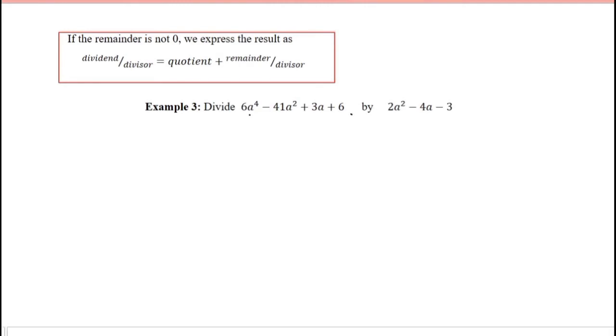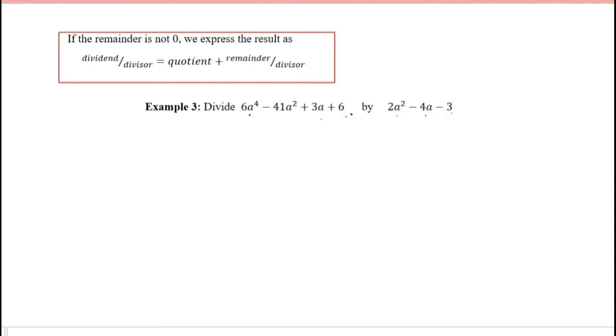If the remainder is not 0, we express the result as dividend over the divisor is equal to quotient plus the remainder over the divisor. So, for this, we divide 6a to the 4th minus 41a squared plus 3a plus 6 by 2a squared minus 4a minus 3.